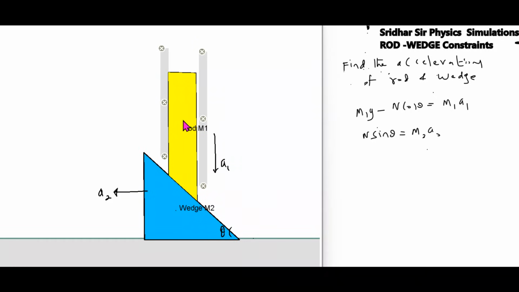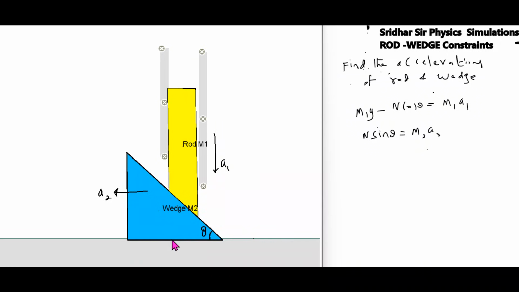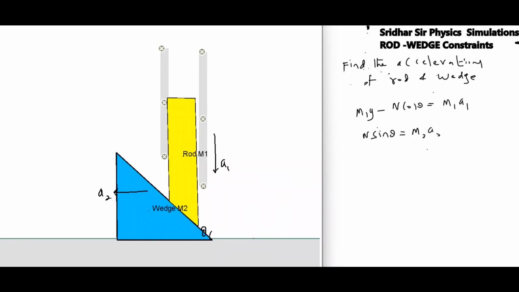The rod M1 will be moving vertically, the wedge will be moving horizontally. There is one basic constraint equation which is taking place.